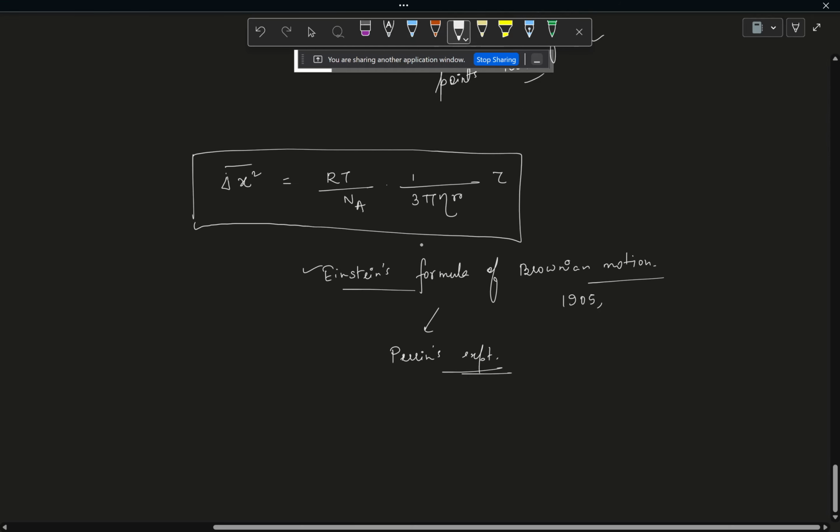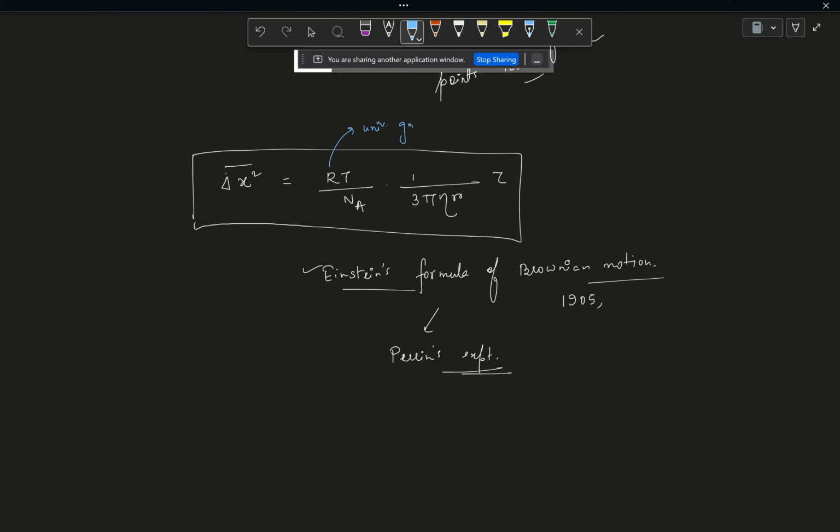Now try to identify the different terms that are present in this formula. First of all, this is known to us as the mean square deviation, statistically calculated over a long period of time. This R is the universal gas constant. This is valid for an ideal gas, when PV equal to RT is the ideal gas equation for 1 mole of ideal gas.